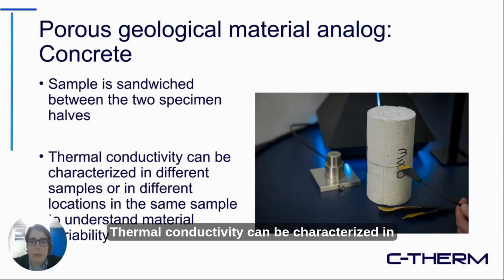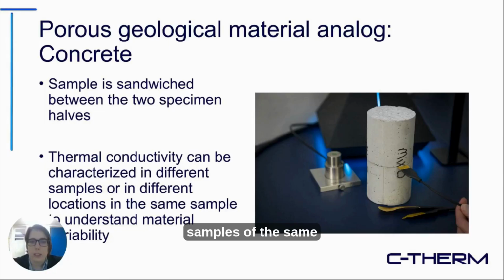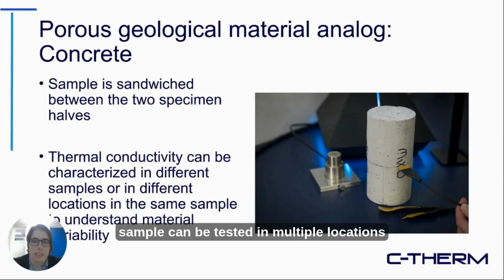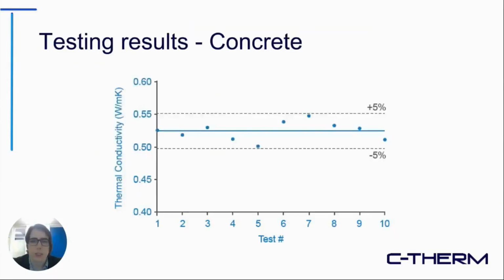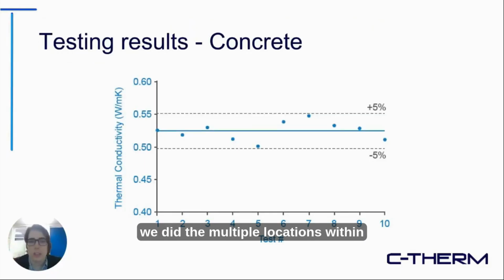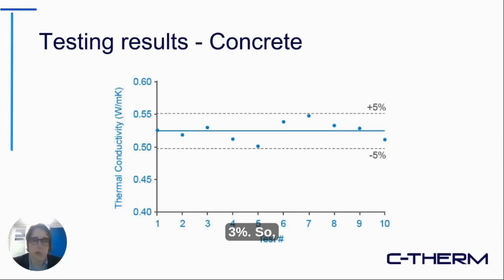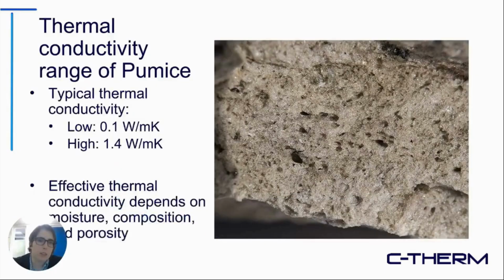Thermal conductivity can be characterized in different samples of the same deposit, or the same sample can be tested in multiple locations to understand the material's variability. So for the concrete, we did the multiple locations within the same sample approach, and you can see that the relative standard deviation of the 10 different locations that were tested was about 3%. So pretty consistent for a concrete material.